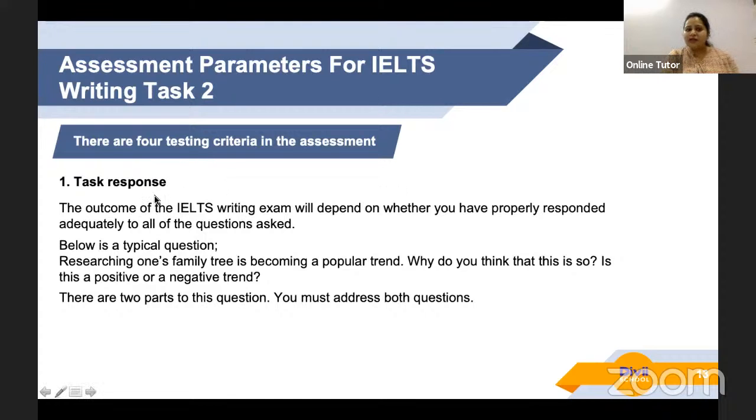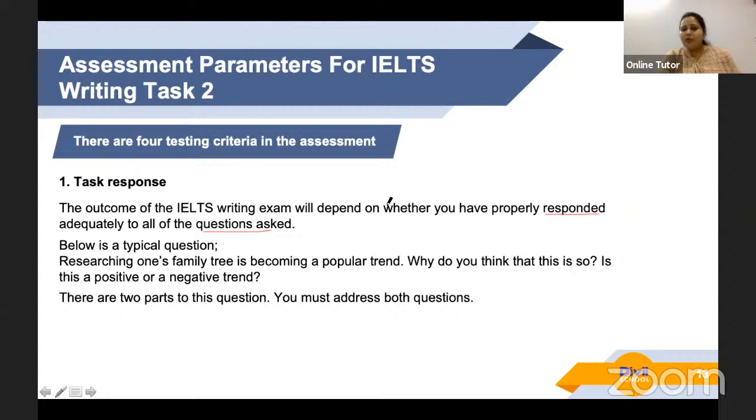Number 1 is the task response. Now, what is a task response? Task response is how well you have responded to the question or the questions that have been asked.